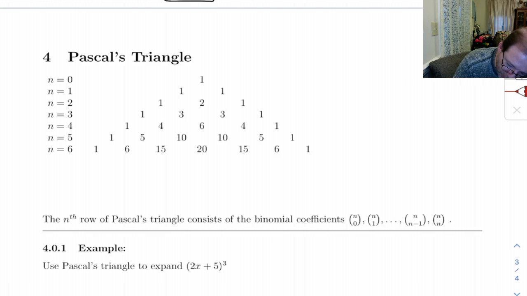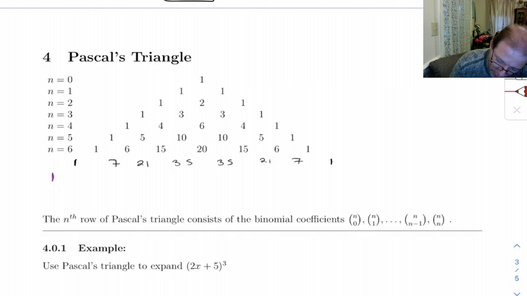The next level we put a 1 on each end, and the entries we get would be 1 plus 6 is 7. Then 6 and 15, that would give us 21. 15 plus 20 would give us 35. Then 35, 21, 7.